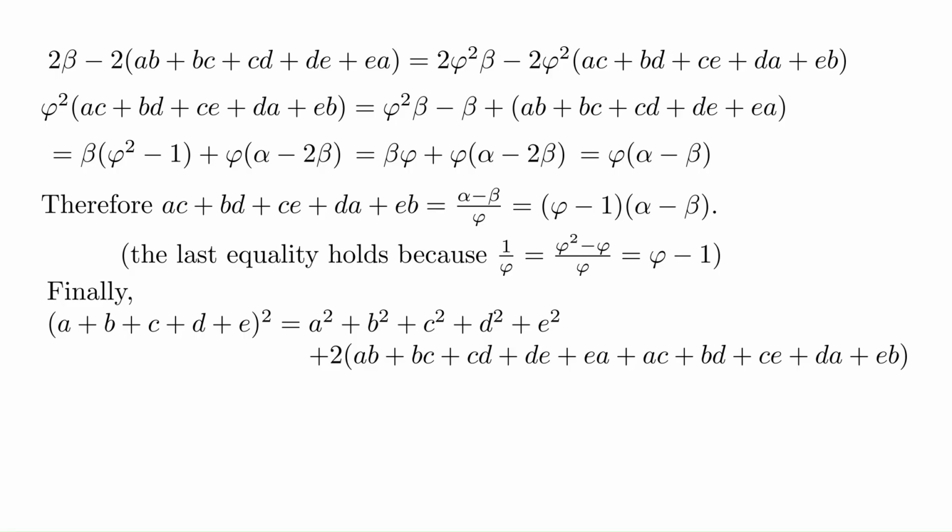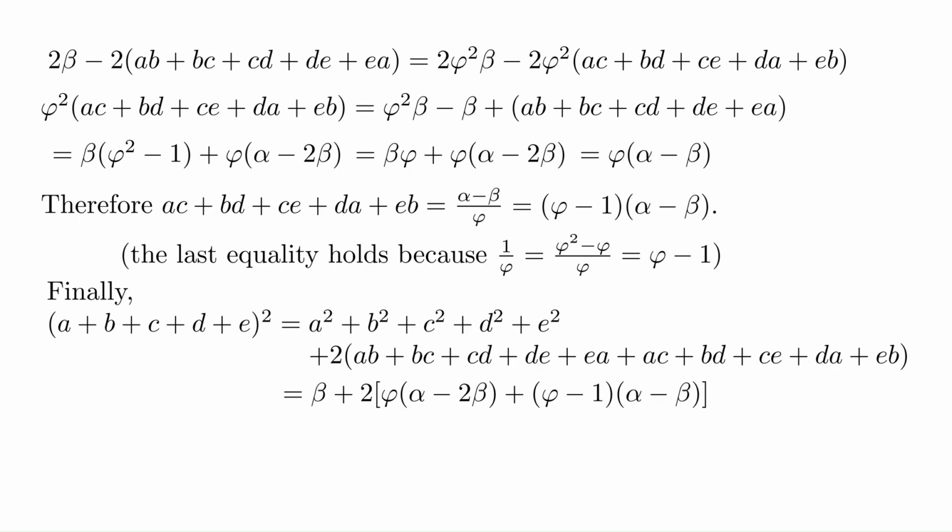Let's put all the pieces together to solve the puzzle. The square of the perimeter equals the sum of the squares of the sides plus 2 times the sum of pairwise products of the sides. The first part is beta. Those 10 products can be separated into 2 pieces, 5 by 5.